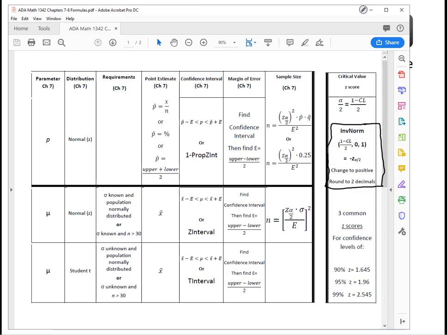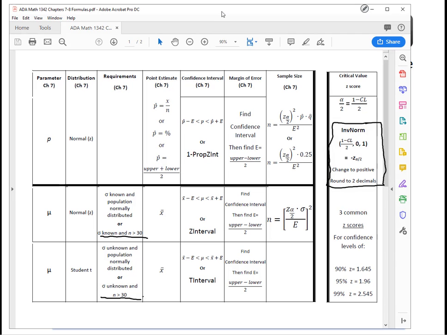So, for the normal distribution, the requirements are that sigma is known and the population is normally distributed, or sigma is known and my sample size is greater than 30. For the student t, my requirements are that sigma is unknown and the population is normally distributed, or sigma is unknown and my sample size is greater than 30.